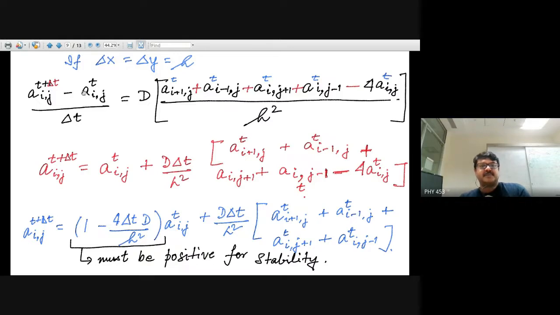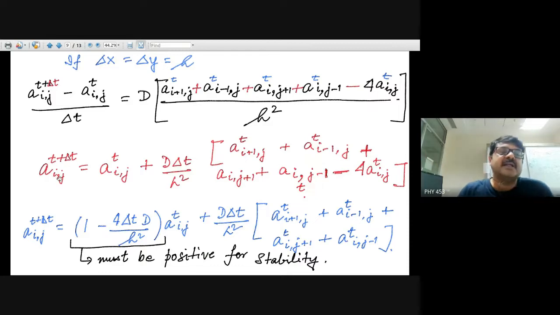Take this term to the right hand side and you get this equation, right? So here you have aij at time t, here you have aij at time t, taking it out of the brackets and collecting them, you have this prefactor. And knowing all of these, if you know the value of a at neighboring lattice points at time t, then you can calculate the value of aij at the next time t plus delta t.